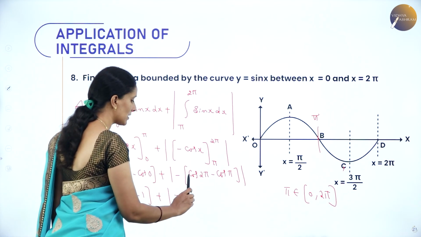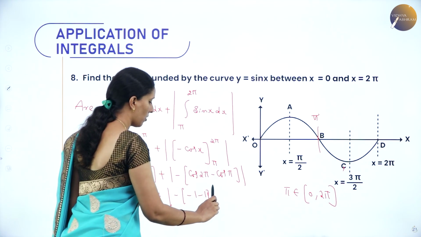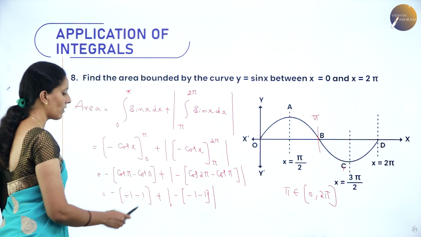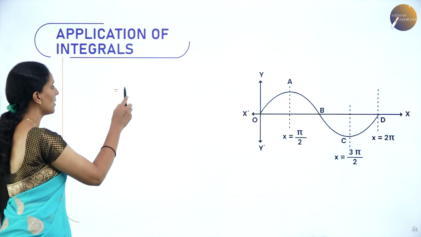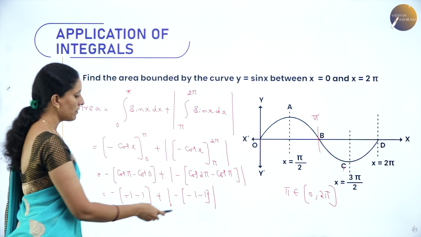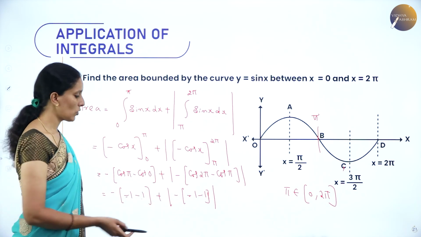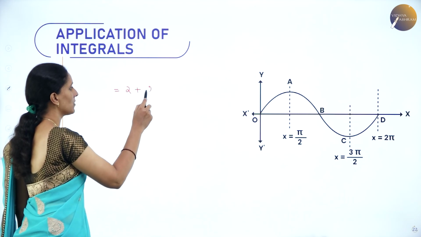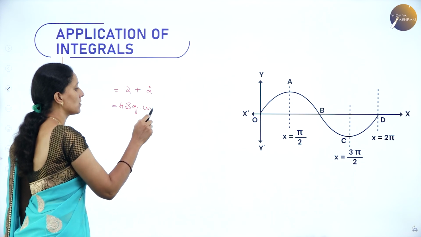So here minus 1 minus 1 is minus 2. Minus 2 with the minus outside becomes plus 2. Next we have 1 minus (minus 1), which is 2, with the minus outside, minus 2. Modulus, it becomes plus 2. So therefore the answer is 4 square units.